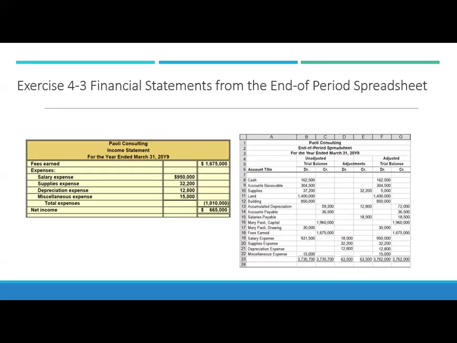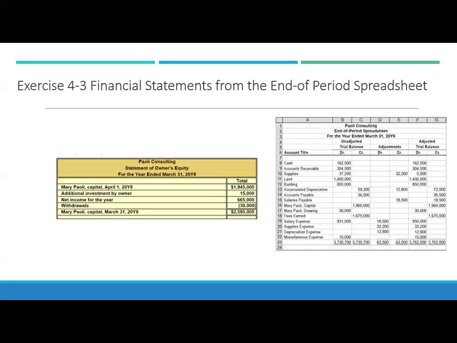Notice that they did not order the expenses from greatest to least, to which I say, shame on them. But that's fine for this example. We basically just transfer it right from the trial balance to the income statement. We get our net income, and that goes straight to the statement of owner's equity.